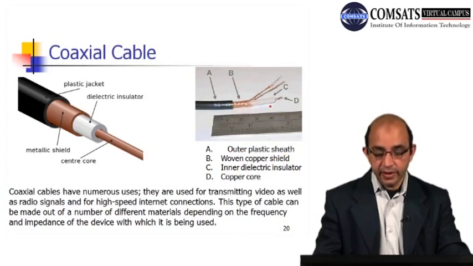This is the insulator, and at D, this is the copper core, right? Here again we have the plastic jacket. This is another sort of coaxial cable, and then we have metallic shielding, dielectric insulator, and this is the core conducting cable.